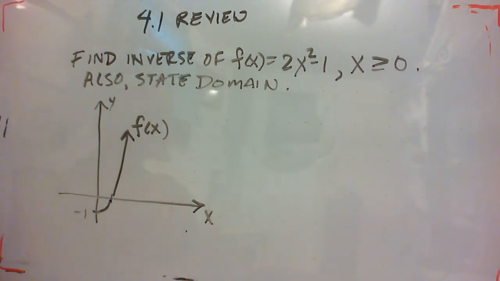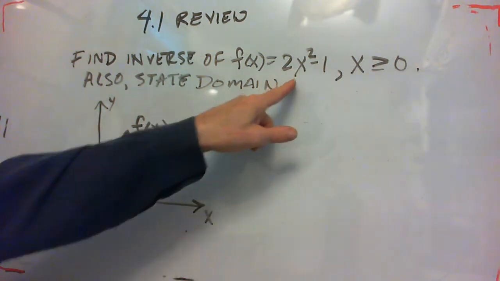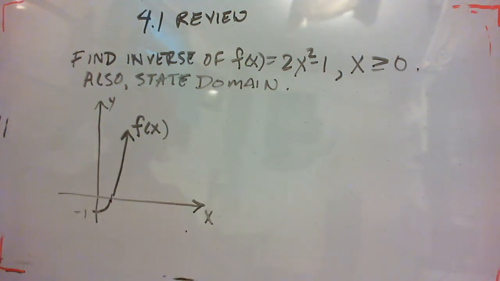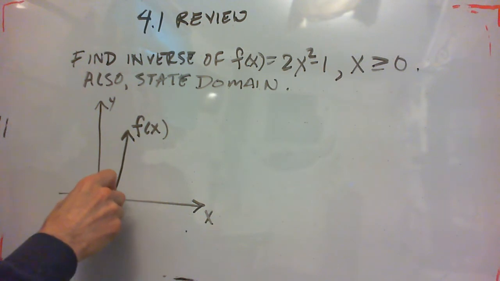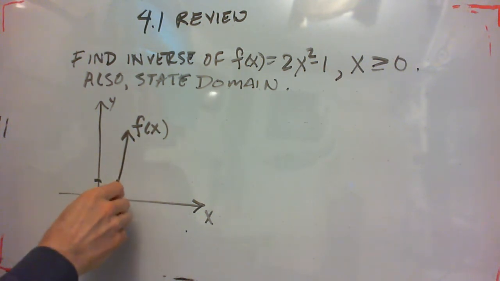First of all, it's important to state why we have to restrict the domain. f of x is 2x squared minus 1. Now, f of x is this parabola, and it actually has the point 1, 1.